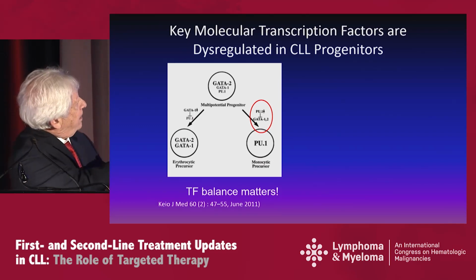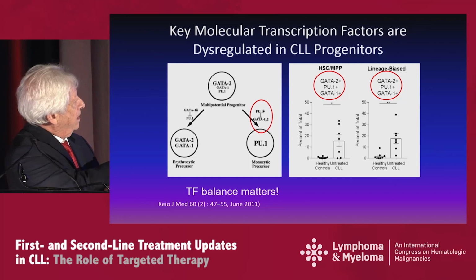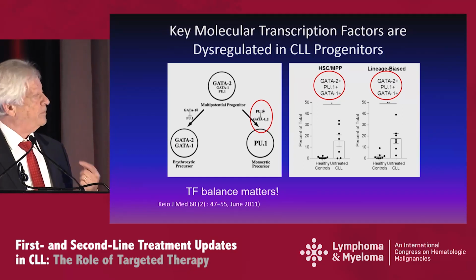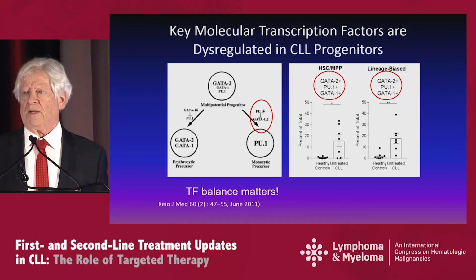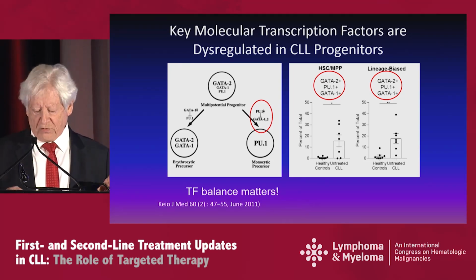If you see GATA1 rise, you see a decrease in PU1, and so what you end up having is a GATA2, GATA1 predominant progenitor that makes red cells. If, on the other hand, PU1 arises and dominates, GATA1 and 2 are eliminated, and only PU1 remains, and that progenitor will preferentially make monocytes. So transcription factor balance matters a lot.